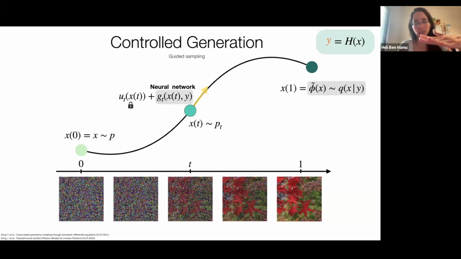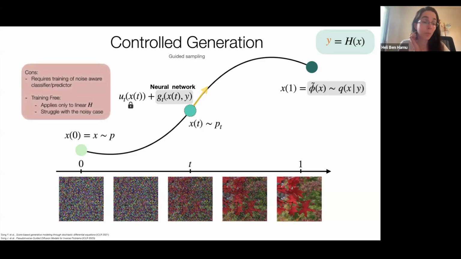So we have this time and space dependent function, g_t of X and Y, that modifies our actual generative model in a sense. But the cons about this type of approach, again, are that in some cases it may require training of a noise-aware classifier or predictor.